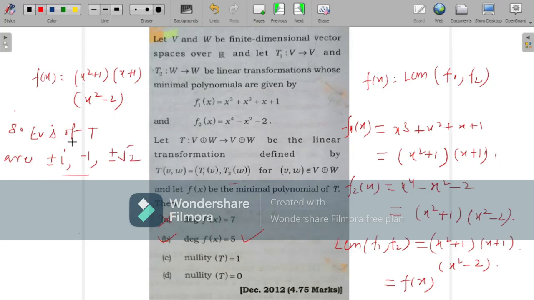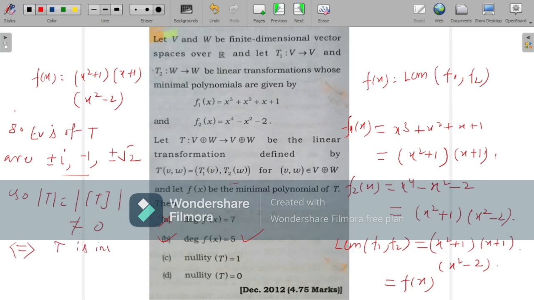See, 0 is not an eigenvalue of the linear transformation T, so the determinant of T, which is equal to the determinant of the matrix of T, is non-zero, because the determinant is the product of the eigenvalues. So this is non-zero.